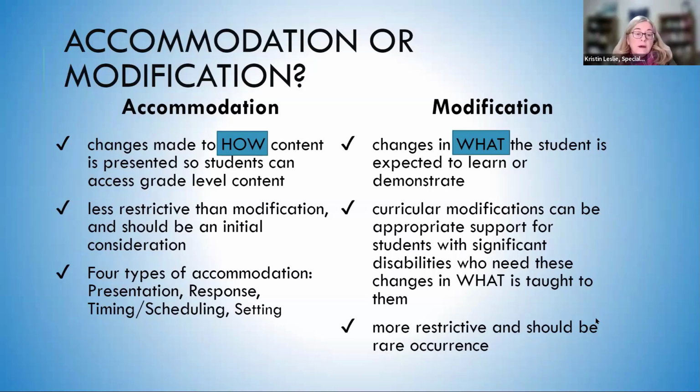Modification refers to what the student is expected to learn. Curricular modifications can be appropriate when students have more significant disabilities and we're changing what is taught. This is not as frequent as accommodations.